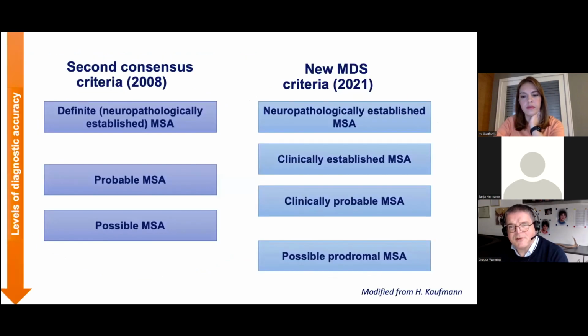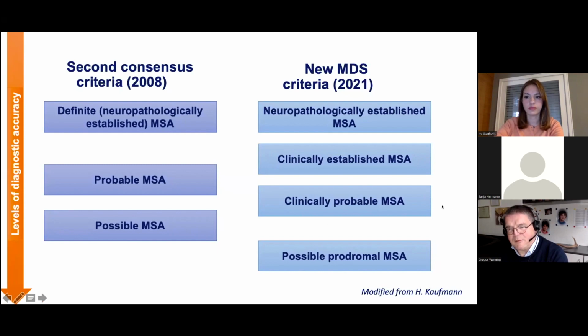So just to illustrate to you the new developments in the MDS criteria, we still have a category of neuropathologically established MSA. It's now differently phrased, but you still need neuropathology to diagnose definitively MSA. Then we have the category of clinically established MSA, as suggested in the critique, just to allow clinicians to confront patients with a clinically definite diagnosis.